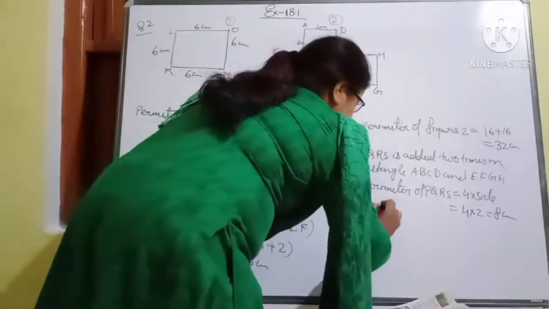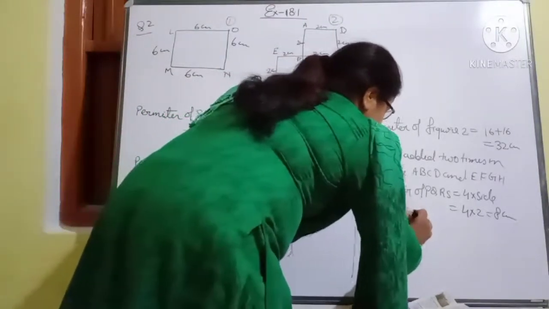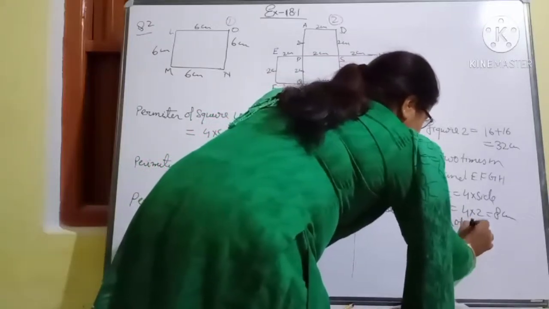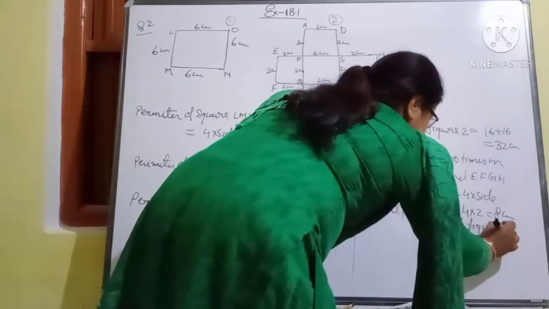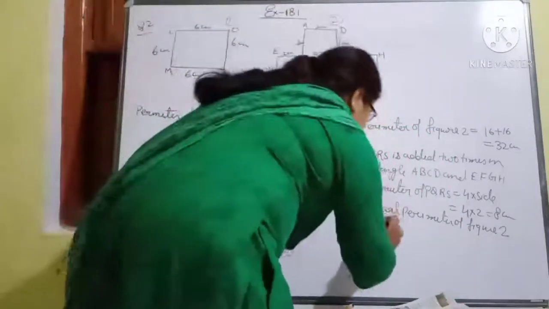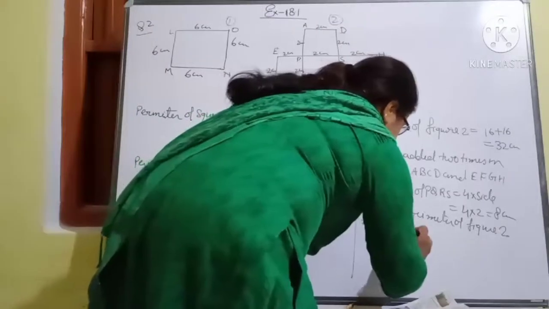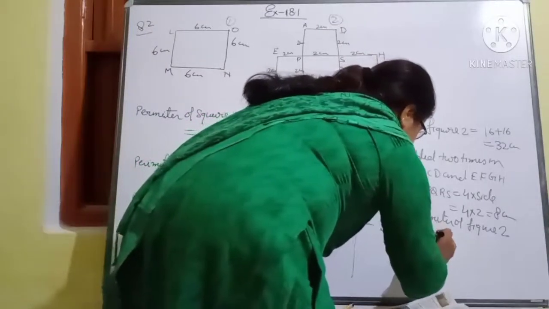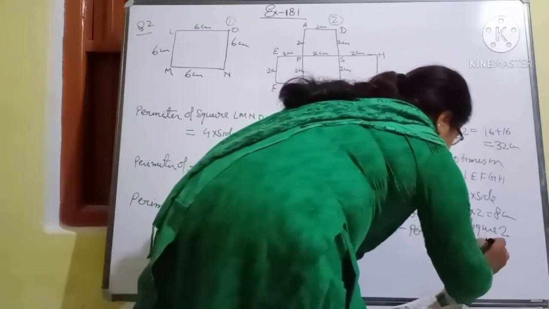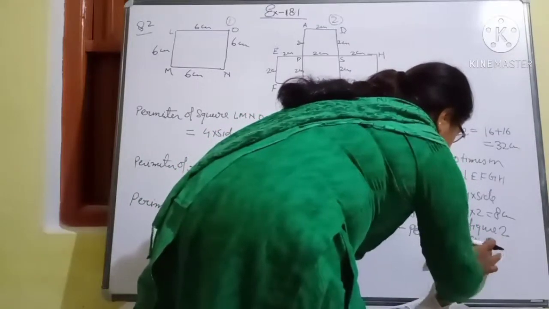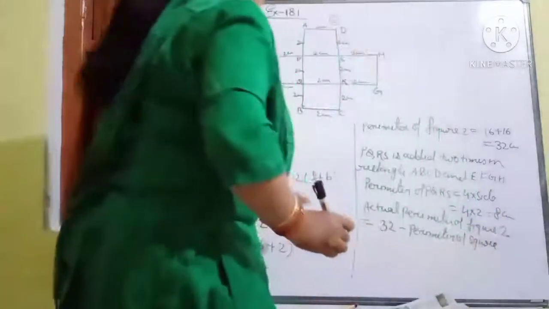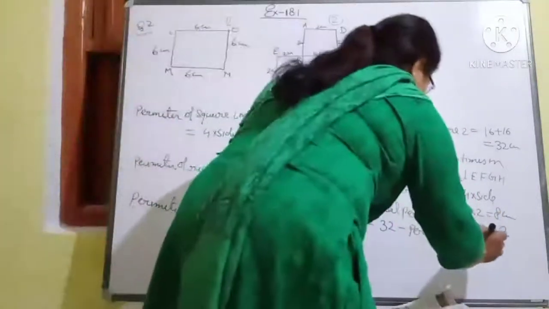Actual perimeter of figure 2 is equal to 32 minus perimeter of square, which one? PQRS.